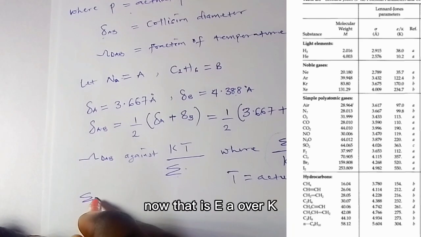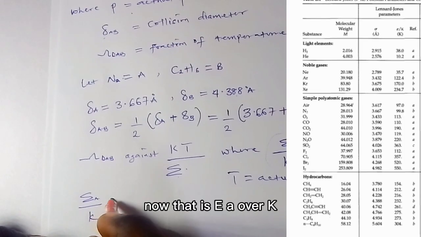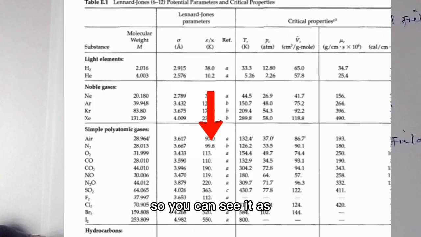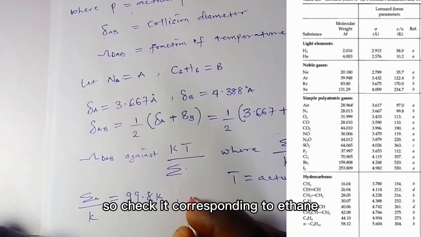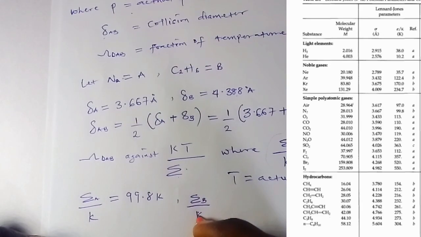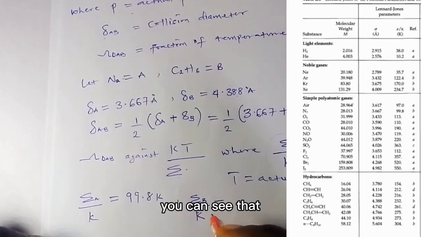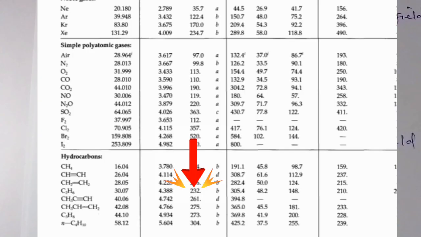That is EA over K. You can see it as 99.8 Kelvin. So check it corresponding to ethane. You can see that here we have it as 232 Kelvin.